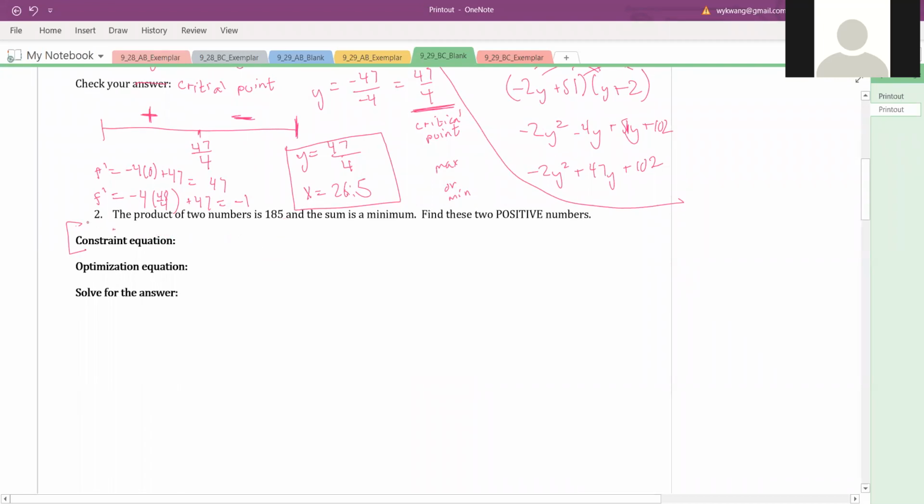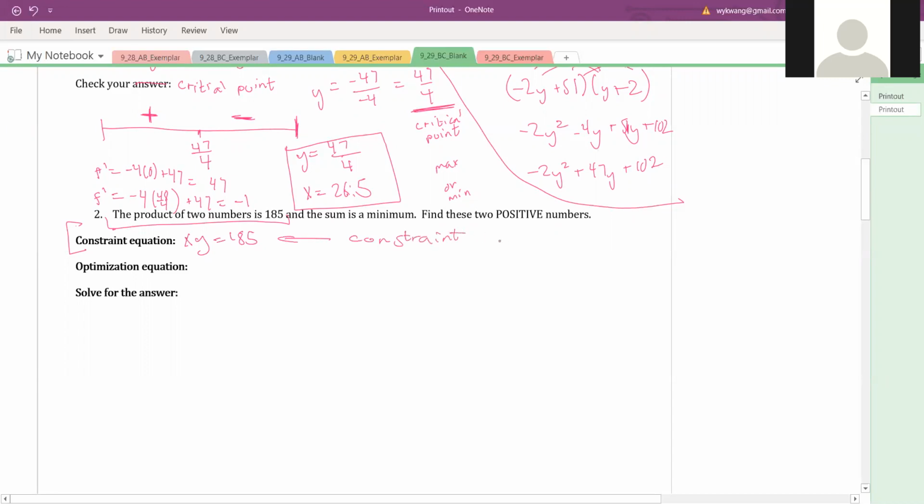We used x and y before. So that means x times y, xy, is equal to 185. That's all it is. That is our constraining rule.